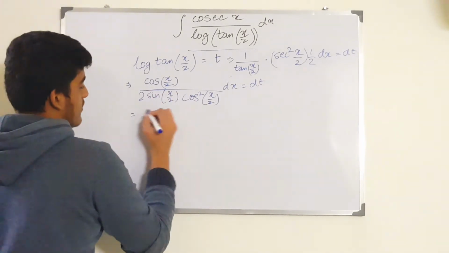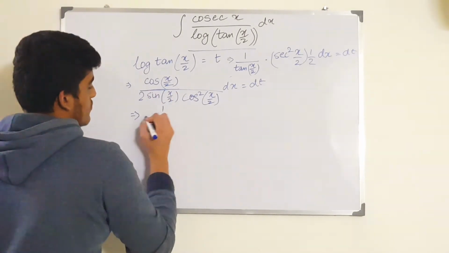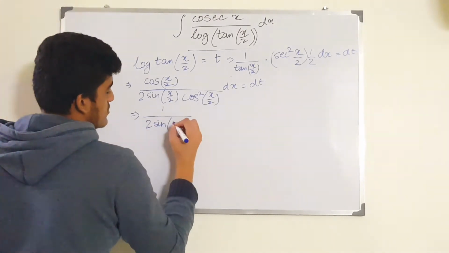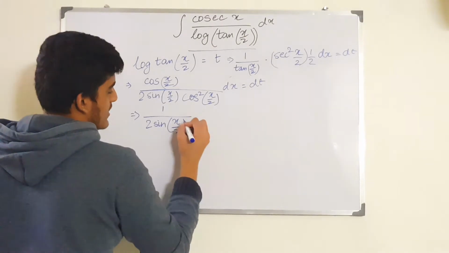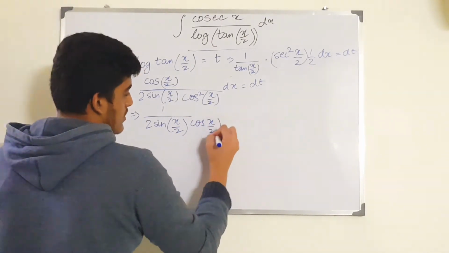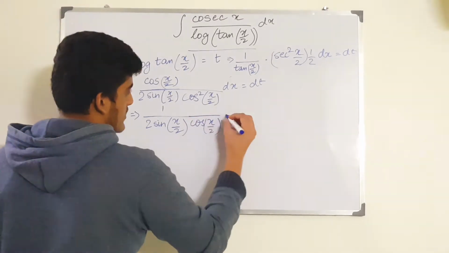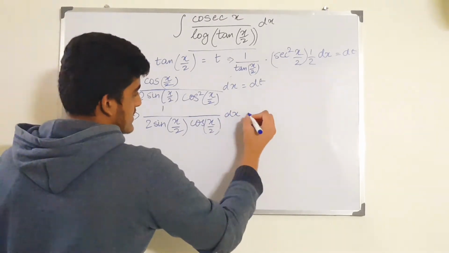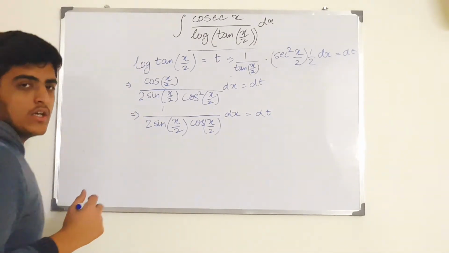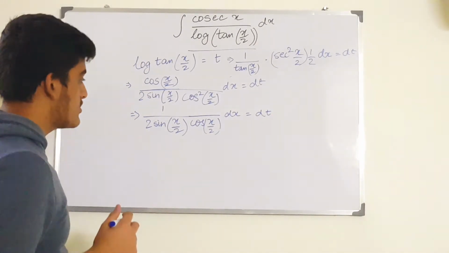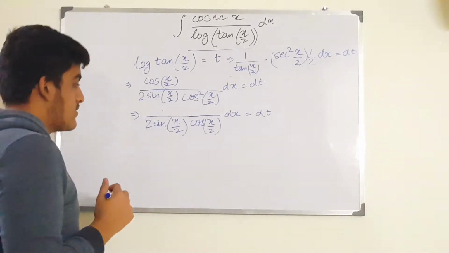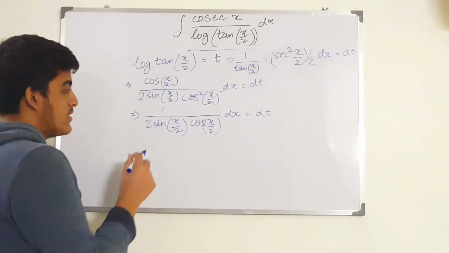What we have left is 1 by 2 sine x by 2 multiplied by cos x by 2. The denominator might now stand out to you. It's that formula: 2 sine x multiplied by cos x gives sine of 2x. So we use that here.